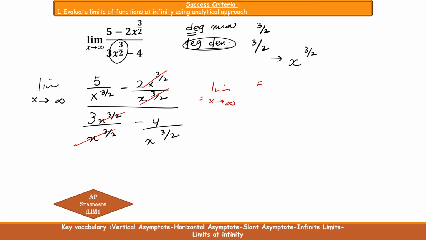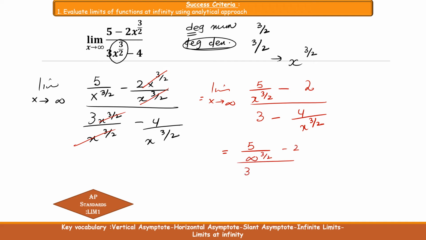So 5 as it is, x to the power of 3 by 2 left. Minus this cancel, so only 2 left. Down only 3 left. Minus 4 over x to the power of 3 by 2. Now simplification finished. Apply the limit. So wherever you have the x, you replace by infinity. The rest as it is.